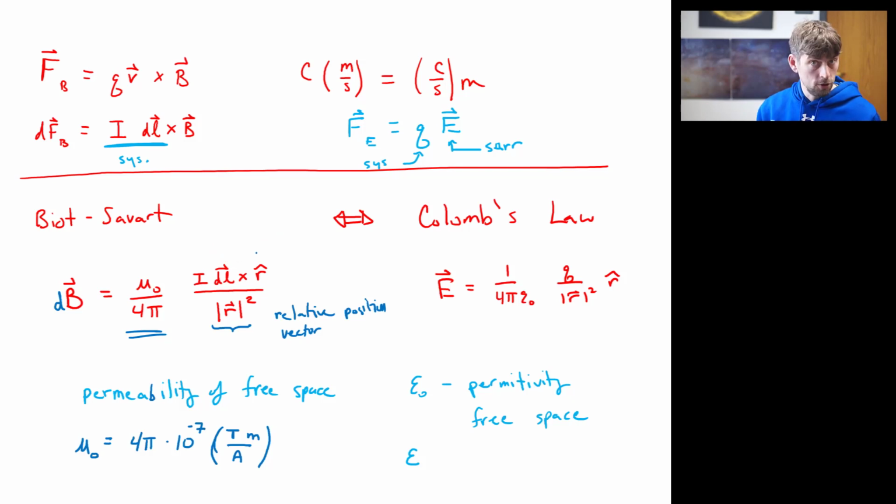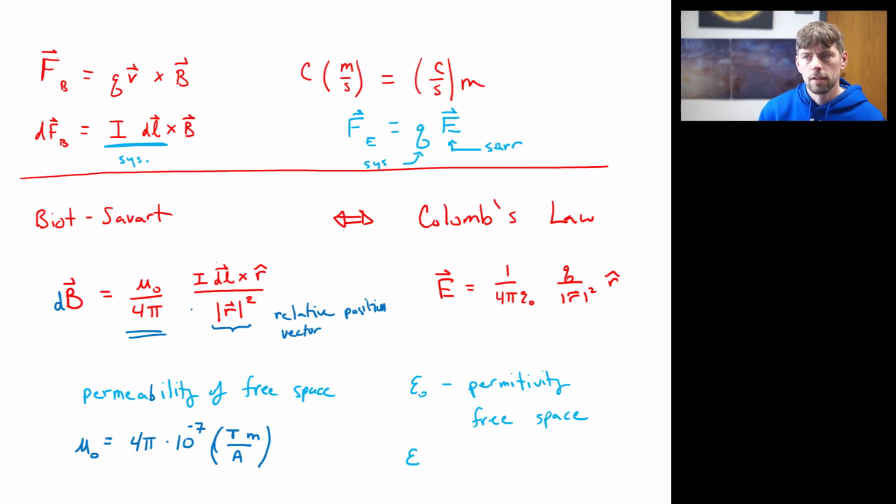The second issue is that you notice that in the numerator, we now have a cross product. For Coulomb's law, it was just simply calculating out the unit vector, and that had to be the direction of the electric field. For the magnetic field, we have an extra twist: once we calculate out the unit vector, we have to do a cross product in order to figure out what the value of the magnetic field is.